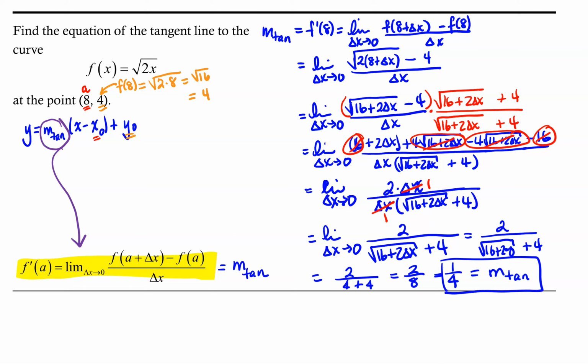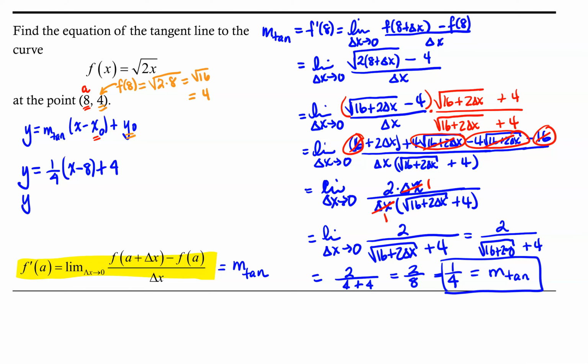So now we can go ahead and write the equation of our tangent line. In this case, our tangent line is y equals 1/4 times x minus 8, plus 4. And it's perfectly fine in that form, or we could rewrite it in slope-intercept form.